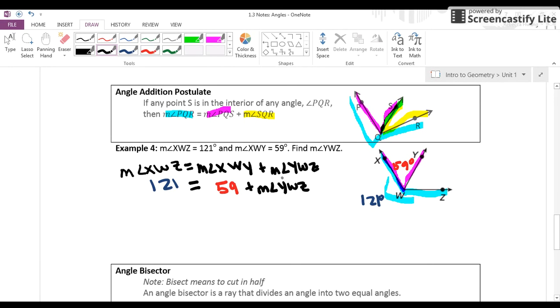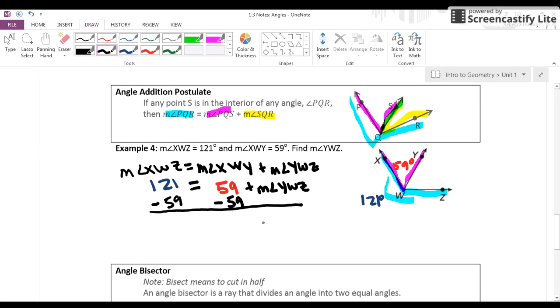All right, go ahead and do your inverse operations to solve, and we should get the measure of angle. Let me do my inverse operation here. So we're going to go ahead and subtract 59 to both sides. Promise you I will get control of this pen with enough practice.